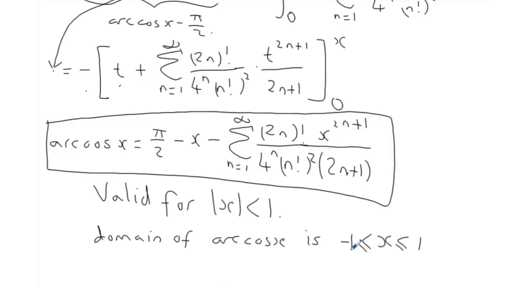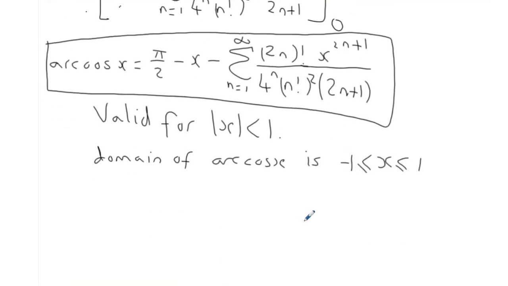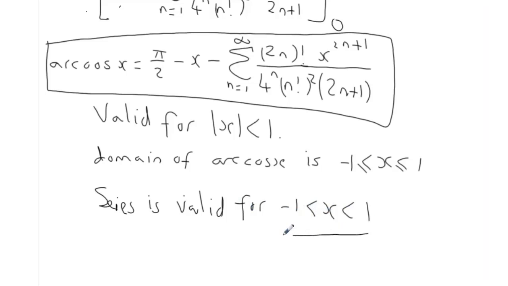Cos x has a range between 1 and minus 1, so then the domain of the arc cos, the inverse function, goes from 1 to minus 1. So that's fine. Obviously, in the context of the series, we can't include the minus 1 and the 1. So this series is valid for x between 1 and minus 1, but it can't include them.